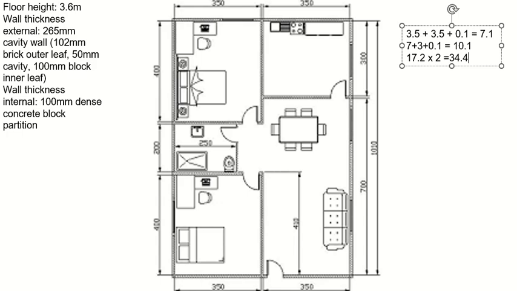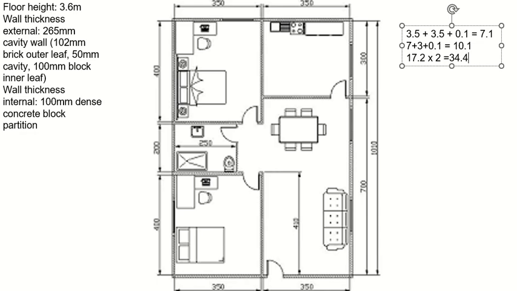Let me calculate the center line for the internal face of the wall. Cavity wall, right? Internal face. You can see the total cavity wall is 265 millimeters. But this total is divided into 3 parts: internal face, cavity, and the external face. I'm at the internal side, so I will add half of the internal face to get the center of the internal.